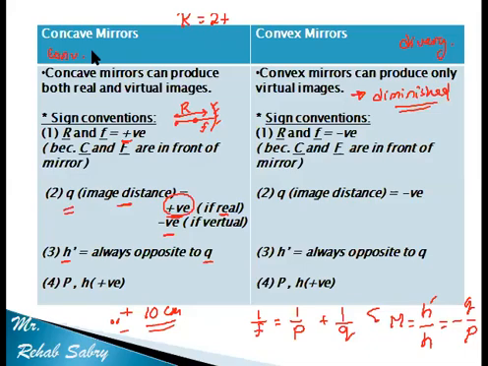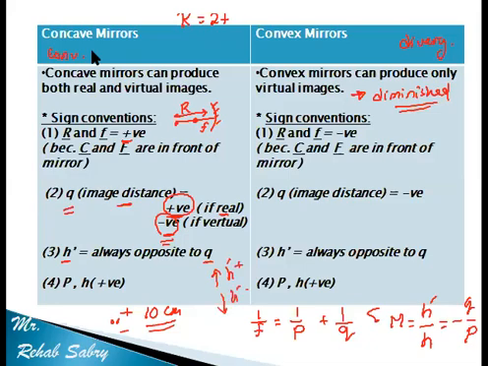You have to memorize that H dash is always opposite to Q. If Q is negative, the image distance is behind the mirror, so it's virtual. So it's upright, which means H dash is positive. If it's up, H dash is positive. Down, H dash is negative.